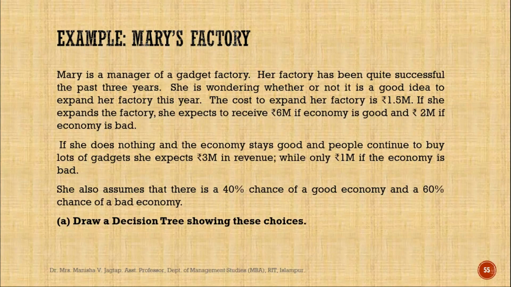The probability is also given here, and you are required to draw a decision tree showing these choices. So how to present the given information and identify which decision is good? Let us see.